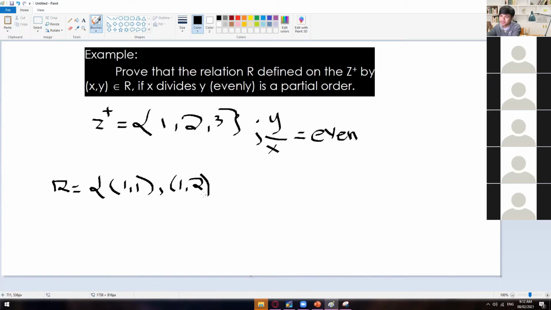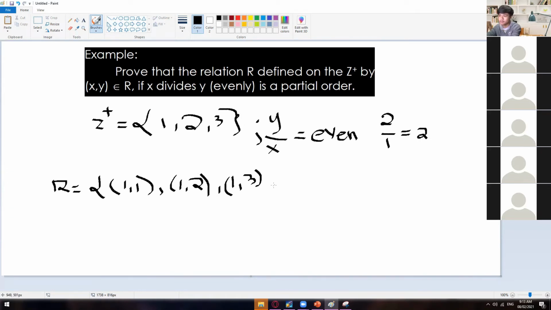Is this part of the relation? Yes, because again, just follow this condition. We have 2 divided by 1, which is equal to an even result, which is 2. Okay. How about (1,3)? Yes, sir.